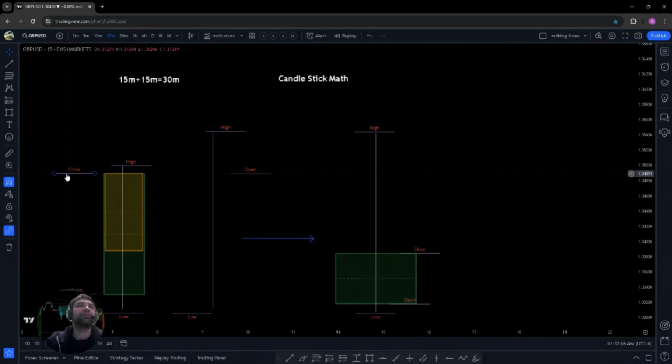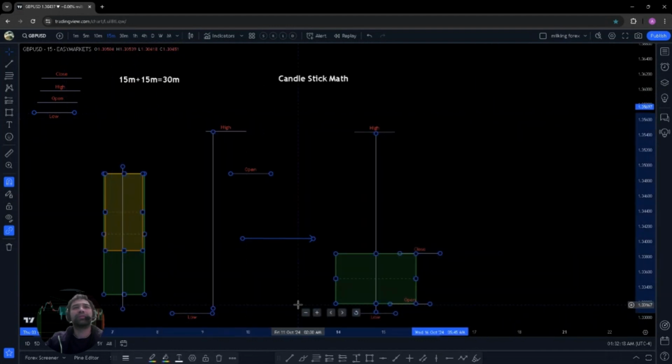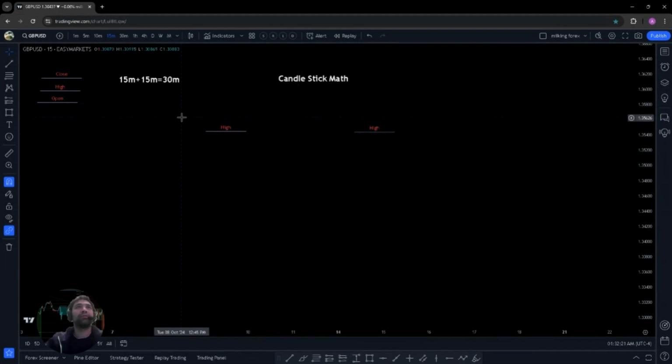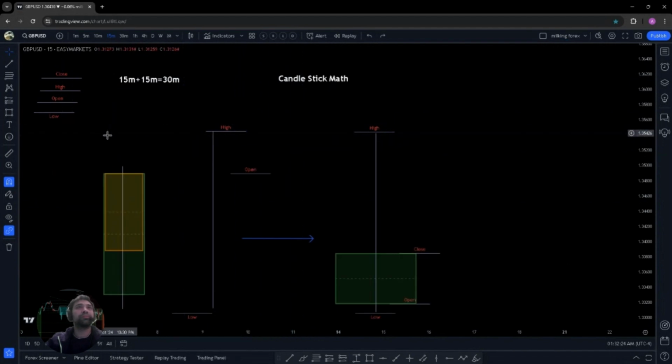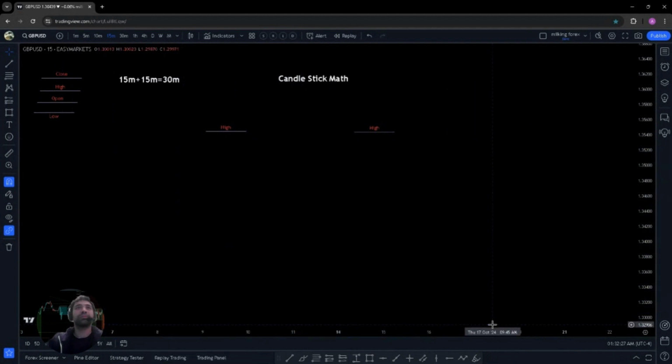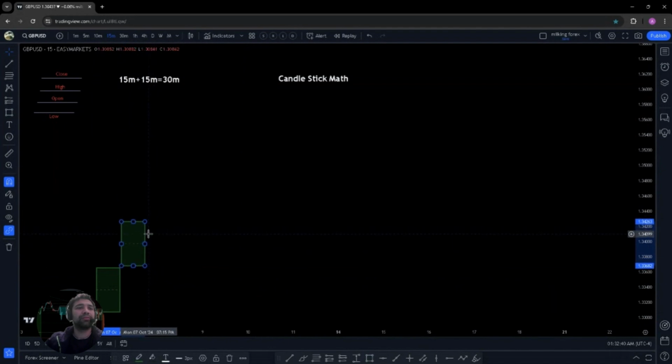Rather than removing everything, I can keep all these because it would save some time, right? Now let's consider, for example, that you have this candle, this candle, and this candle, right?